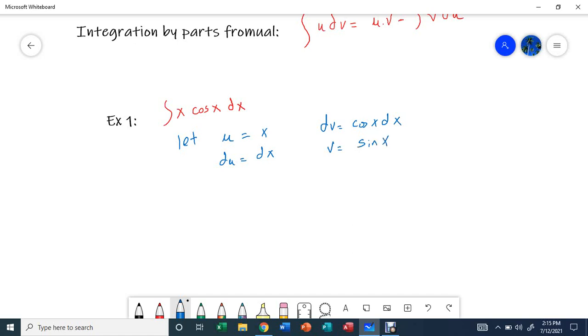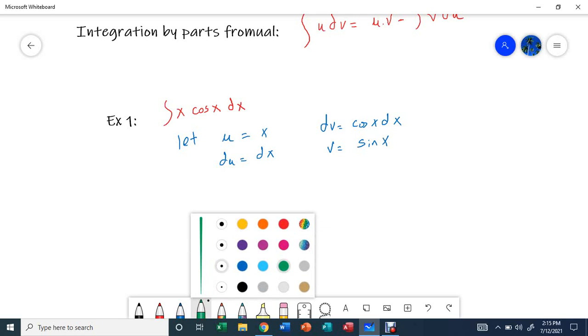So now you multiply these two guys, u times v.